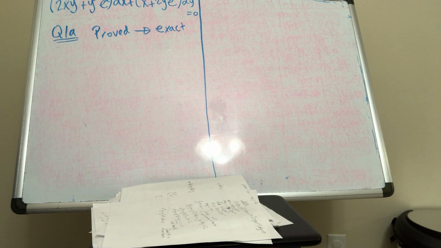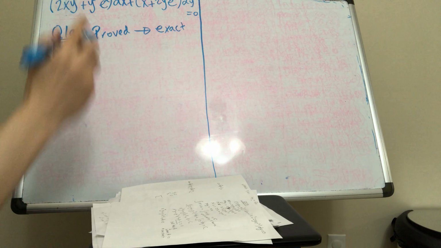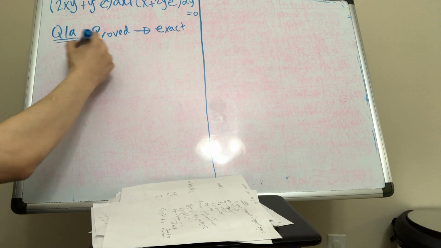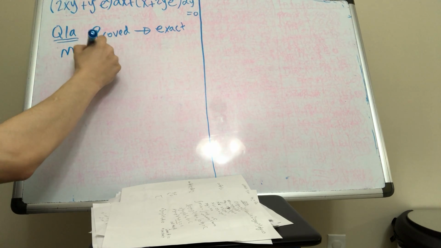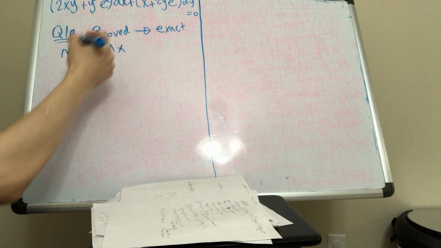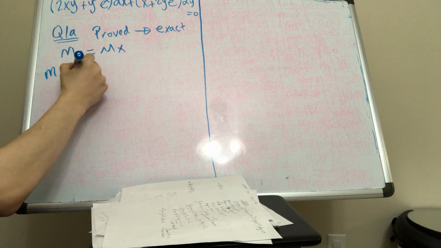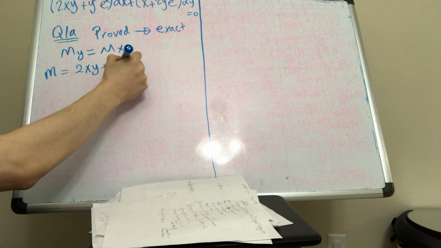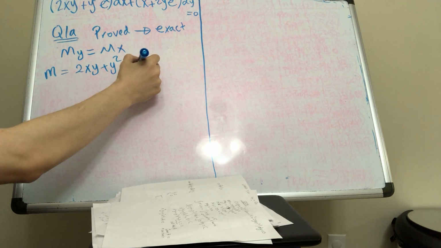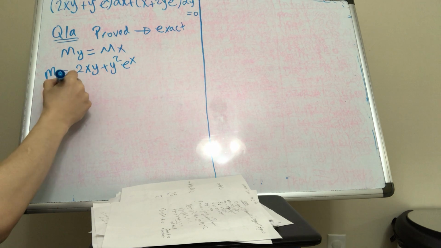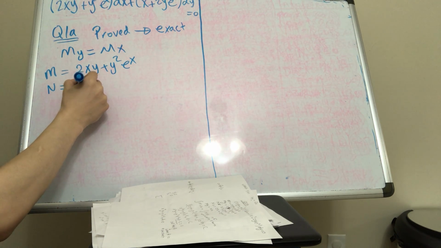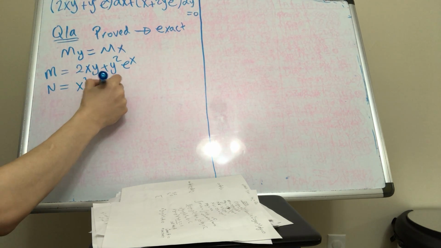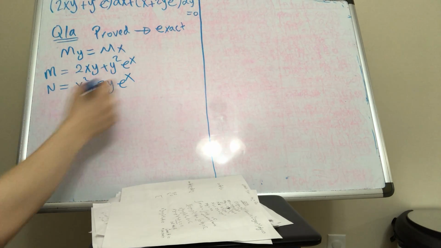So once you prove that it's exact, knowing that my equals nx, so it's the same question, your m is 2xy y squared ex, and your n is x squared 2y ex.